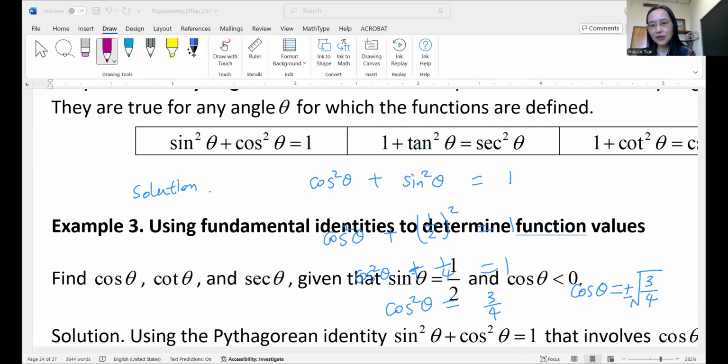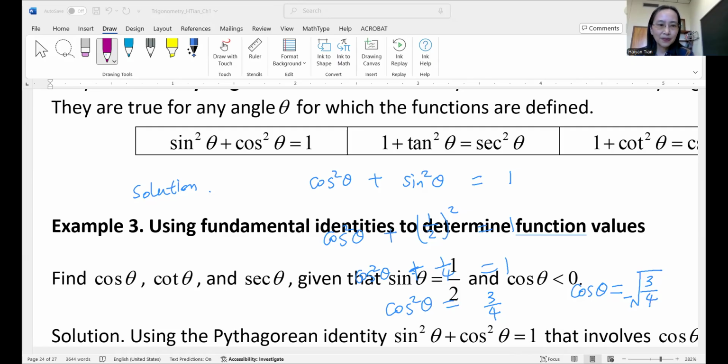We know this cosine value has to be negative. That means we do not need to worry about the positive sign. We only take the negative square root. So we will take out the positive. So that is the cosine value.